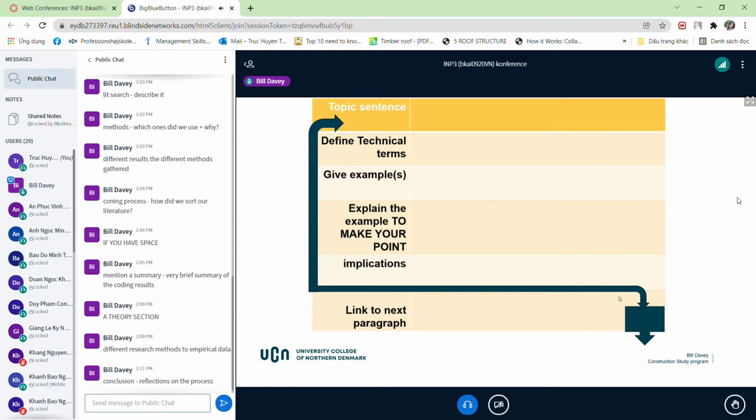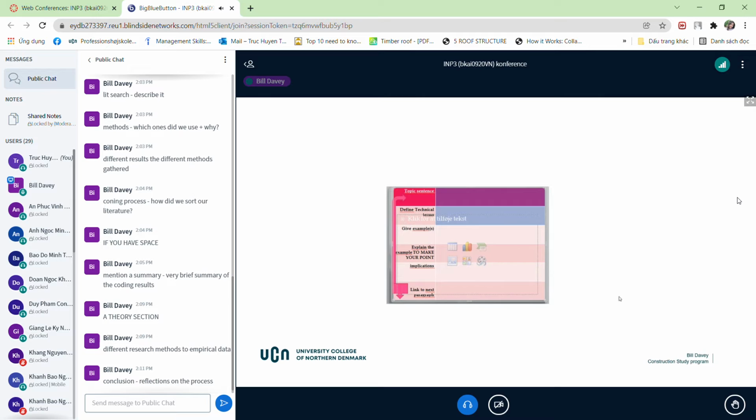So the thing to do is to look at your sentences and make sure that they follow a pattern, that the sentences have a function. They're not just kind of words. So here we have it again. We've got the topic sentence. We've got the defining of our technical terms, give examples, make your point, implications, link to next paragraph. And here we have the introduction.